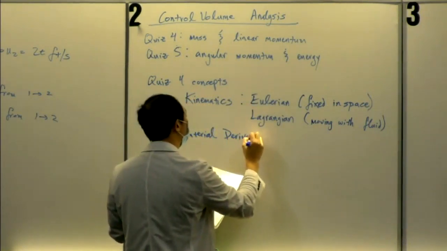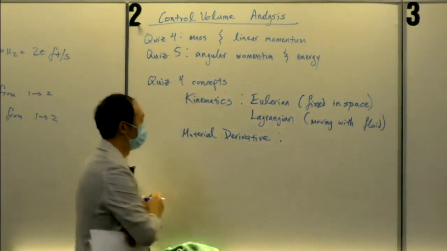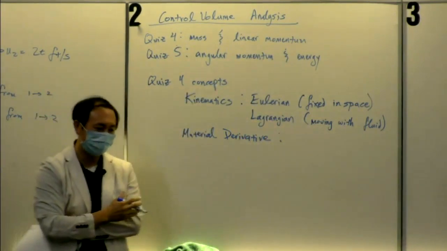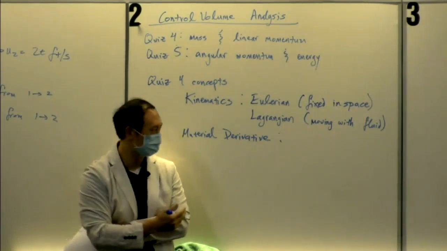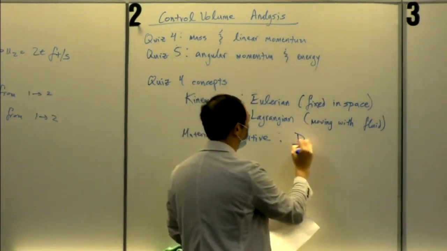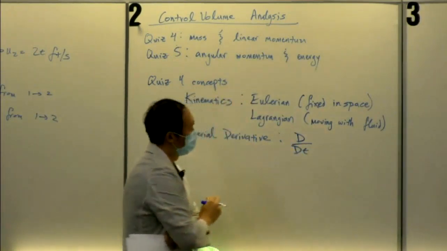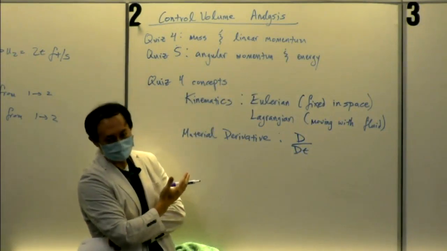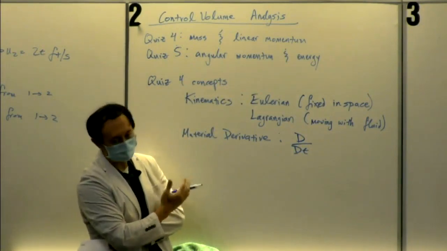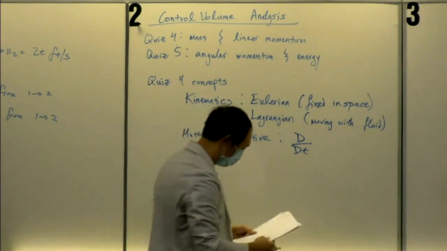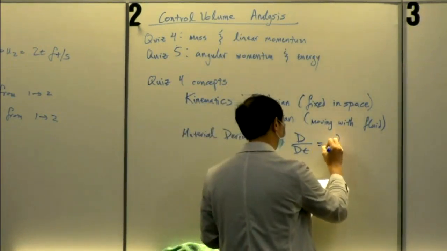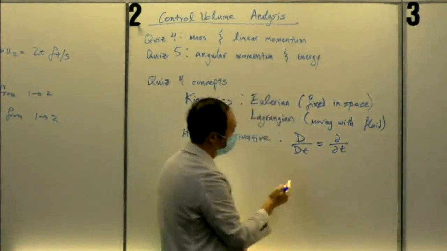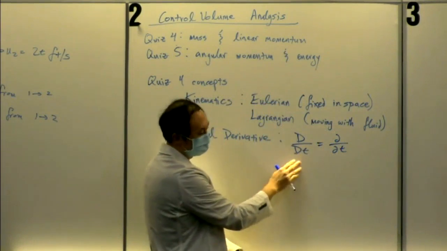All the governing equations are based on this new derivative that follows particles, follows moving objects, and that's called the material derivative. But I call it the big D derivative because you use a big D. I don't know why they decided to do that. It's an operator that says you take the big material derivative of something.